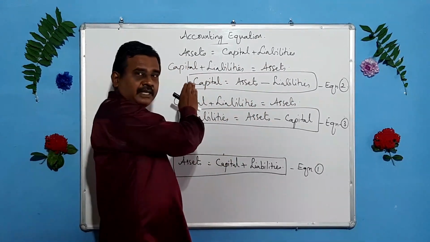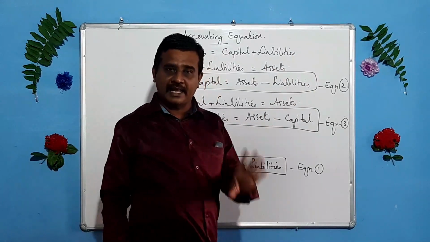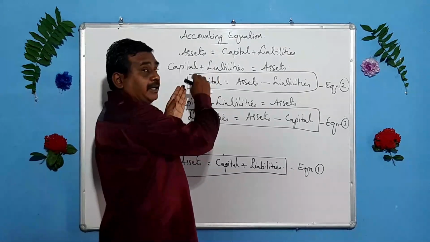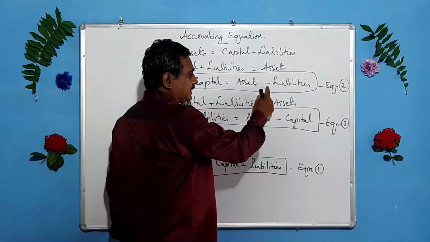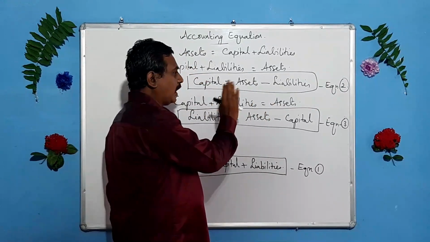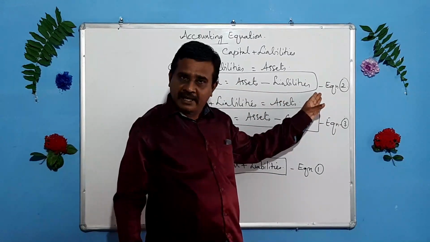When there is division on this side, when it is taken to the other side, it becomes multiplication. Like that, remember that. Now we want capital. So this liability should be taken to that side. And here is a plus mark, so we change the sign into a minus mark. Now capital is equal to assets minus liabilities. And this becomes an equation.